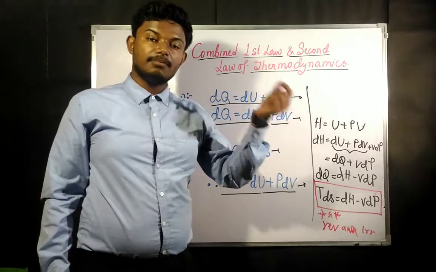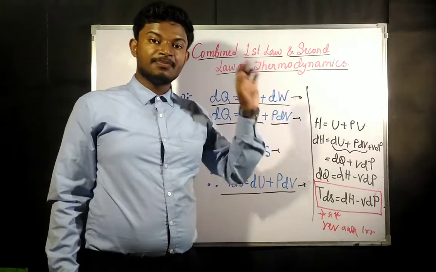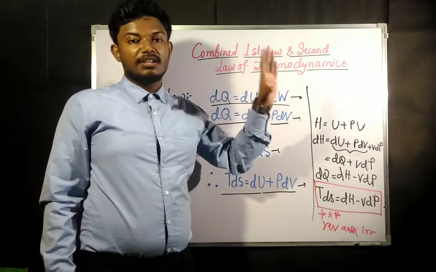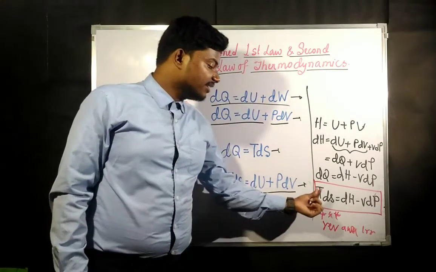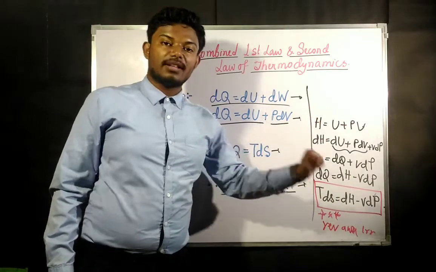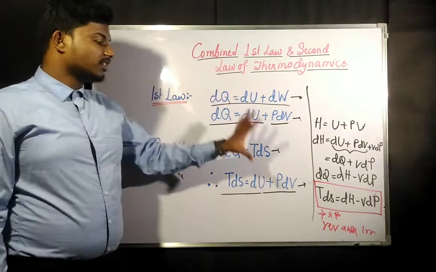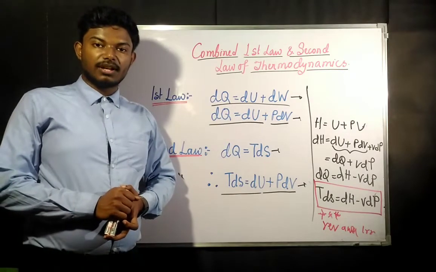Whatever the path, reversible or irreversible, the change in the property is going to be the same for all paths. So this is the result of our combination of the first law and second law of thermodynamics.